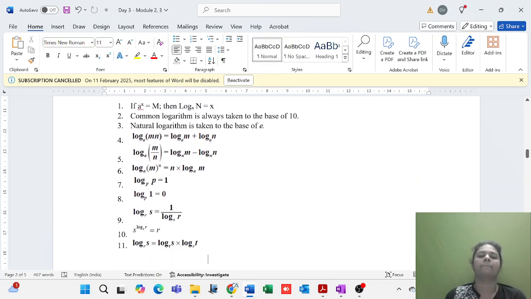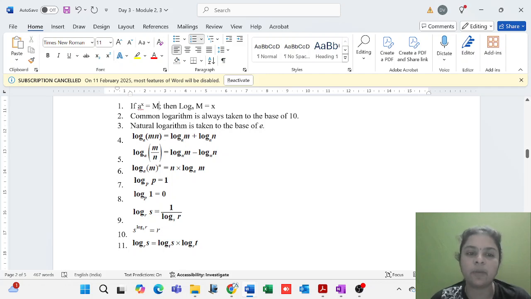Now under logarithms, what is a log? A log is nothing but expression of the index number in a different format. So we have a rule: if a to the power x is equal to m, then log of m to the base a can be written as x.